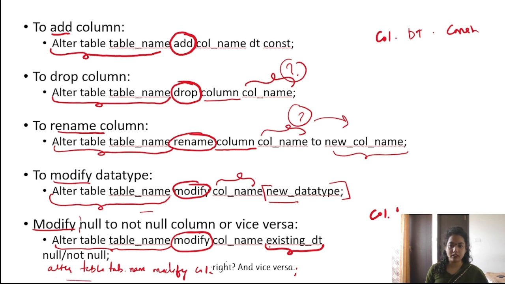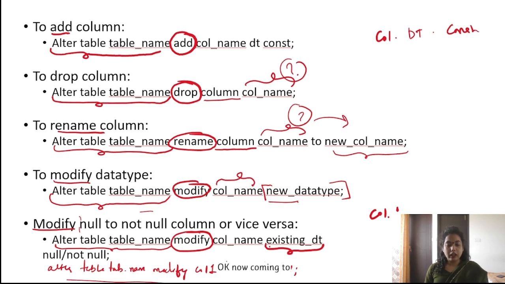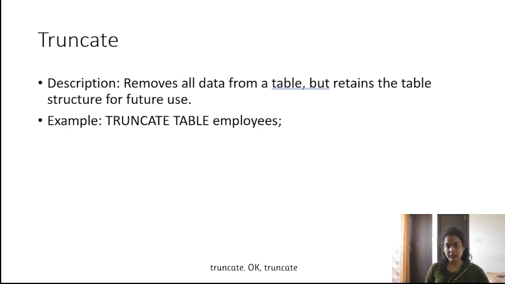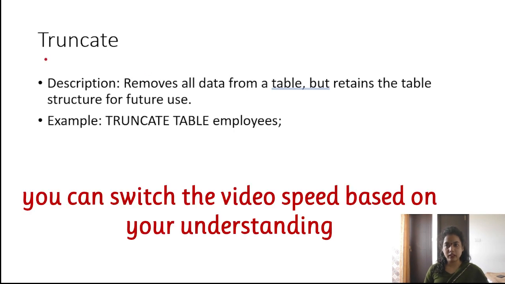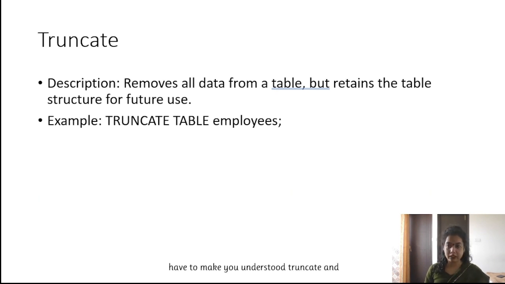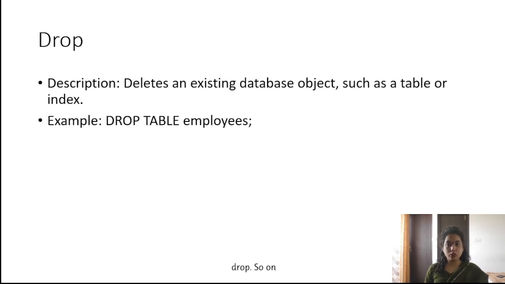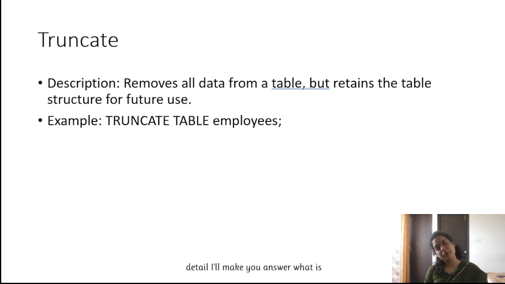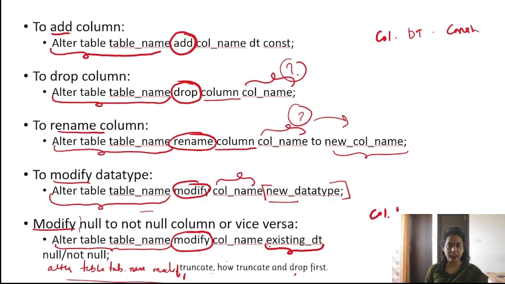And vice versa. Okay, now coming to truncate. For truncate, we'll make one more video, because I have to make you understand truncate and drop. In detail, I'll explain how truncate and drop work.